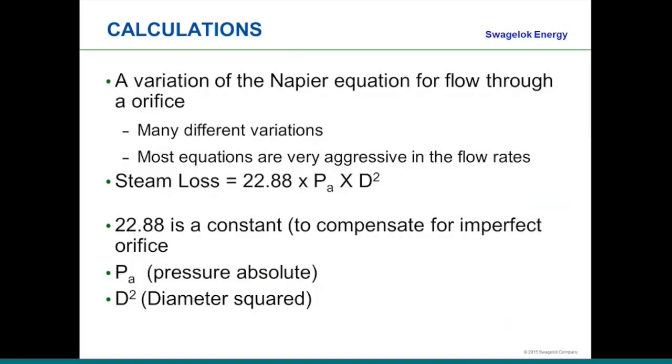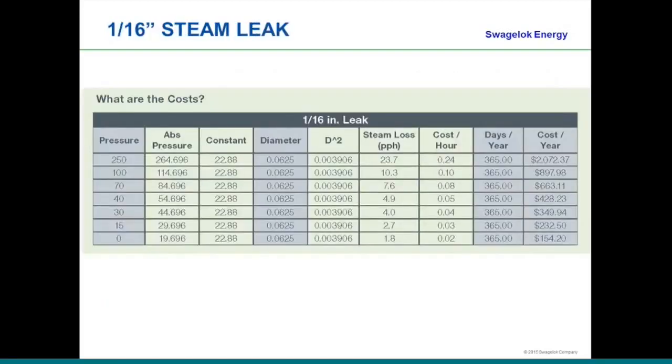The 22.88 is a constant to compensate for the imperfect orifice. No matter how you do it, it is estimated on the steam loss because, again, the orifice is not a perfect orifice, so you cannot use P1 and P2 in the equation. So anyway, this turns out to be a pretty conservative estimator for steam leakage.